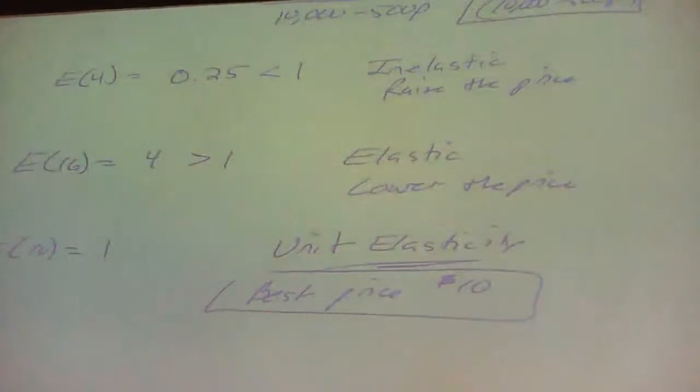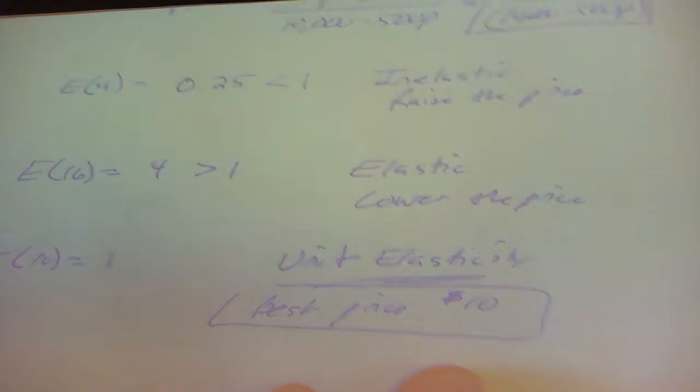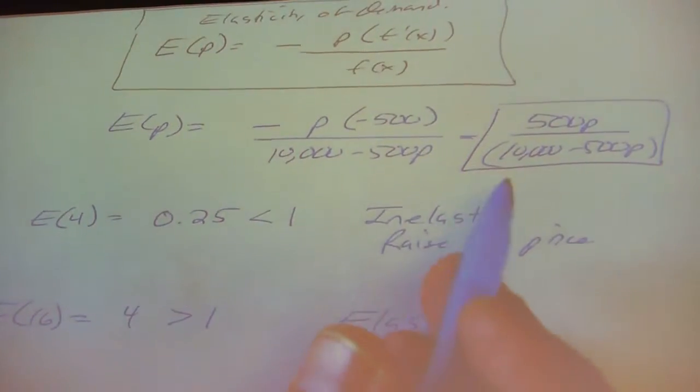Now, I do want to point something out. What I want to point out is we got lucky by finding $10. Are you going to sit here and just pick numbers over and over again? But what number are we trying to achieve? 1. So I could have saved all this work and simply said, what's my elasticity?